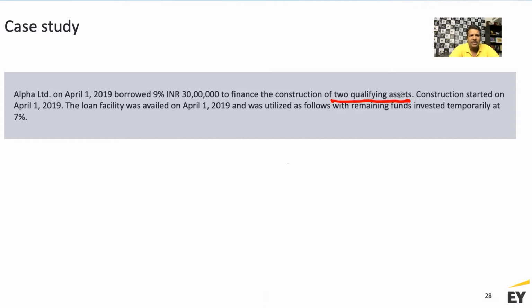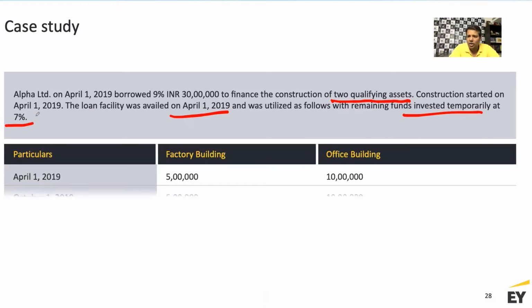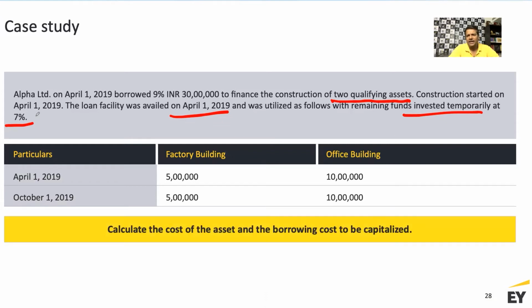The loan facility was availed on April 1, 2019 and was utilized as follows, with remaining funds invested temporarily at 7%. I deployed 5 lakh and 10 lakh on April 1, and 5 lakh and 10 lakh on October 1. Calculate the cost of the asset and the borrowing cost to be capitalized.